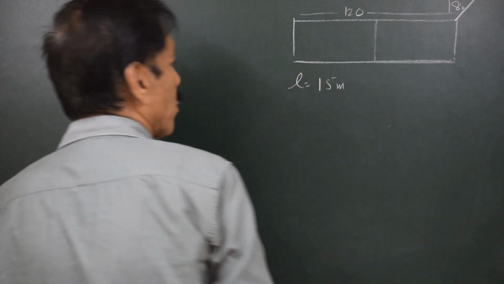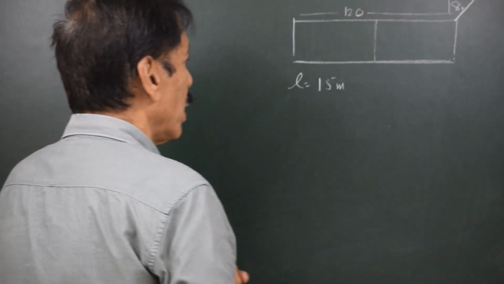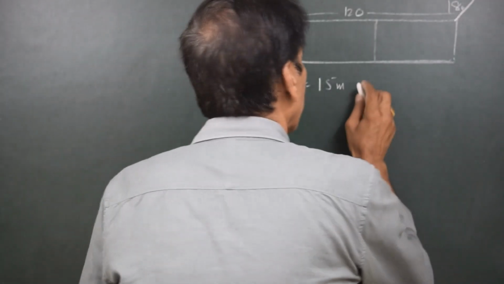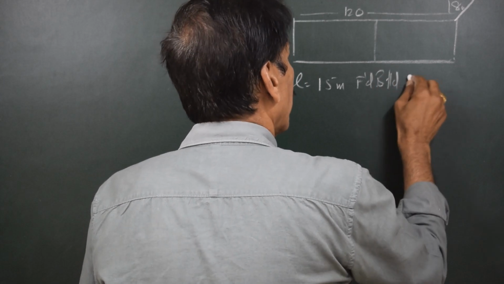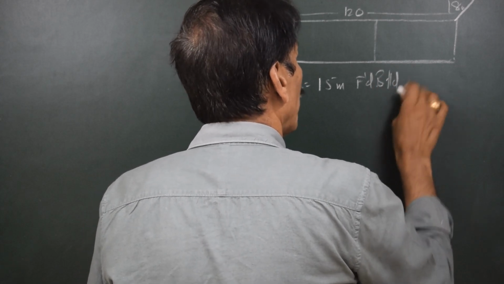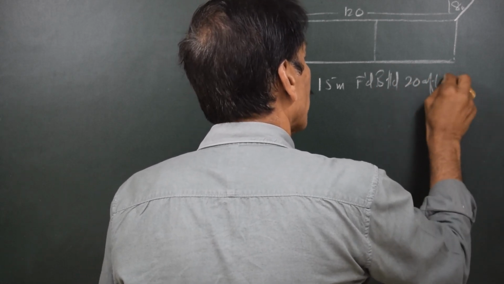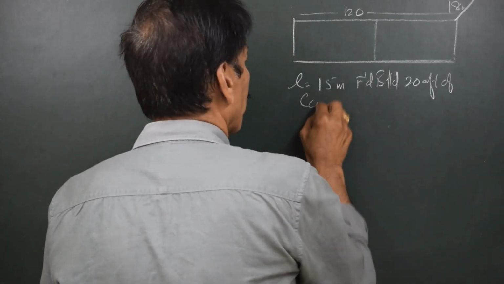The length of the compartment is 15 meters extending from port to starboard, and the forward bulkhead is 20 meters aft of centroid.